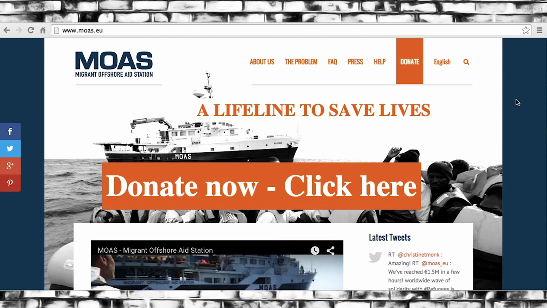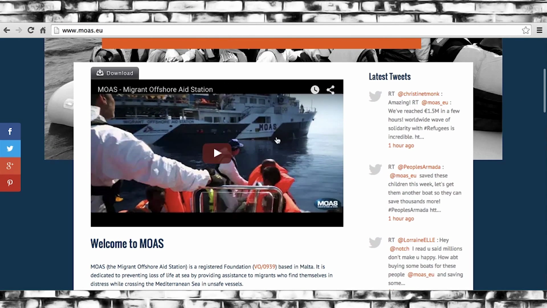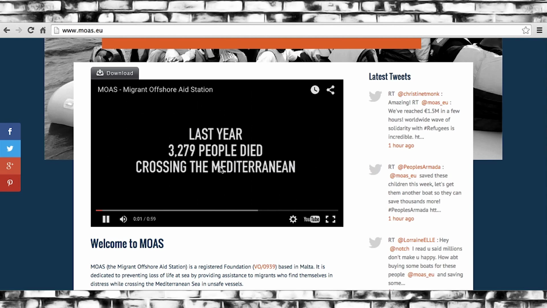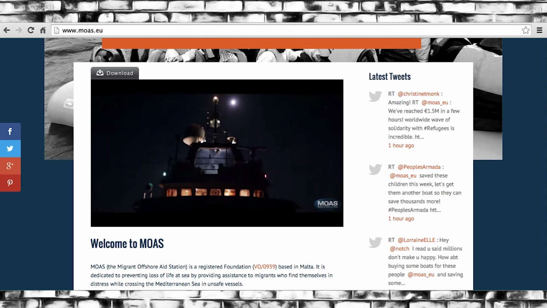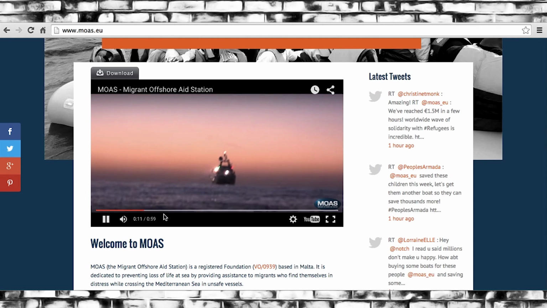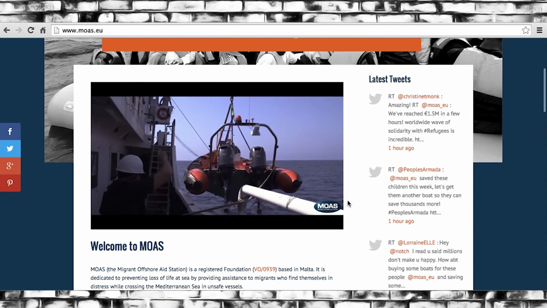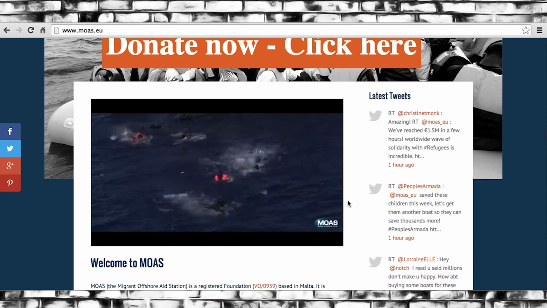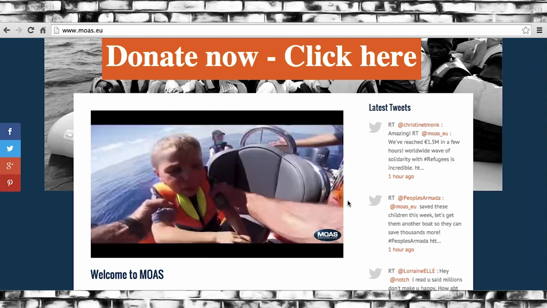First up, the Migrant Offshore Aid Station. Here's the gist. Last year, the EU cut its search and rescue budget in the Mediterranean by 2/3. Problem is, more and more people are crossing in search of safety, so inevitably, this year the death toll of those attempting the passage is 3 times higher. The Migrant Offshore Aid Station is a privately funded search and rescue operation, basically all put together by one couple, Christopher and Regina Catrambone.